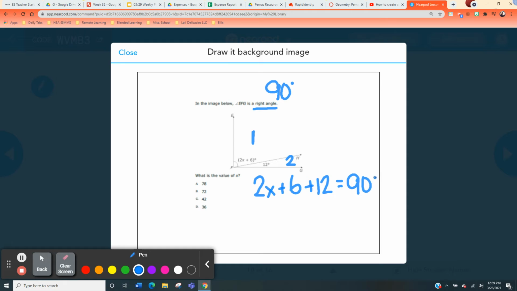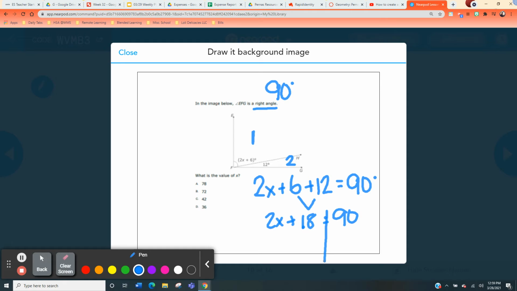It's as simple as that. Then I'm going to go ahead and combine like terms. So I can combine the 6 and the 12. That would give me 18 plus 2x equals 90. And then I can keep going.